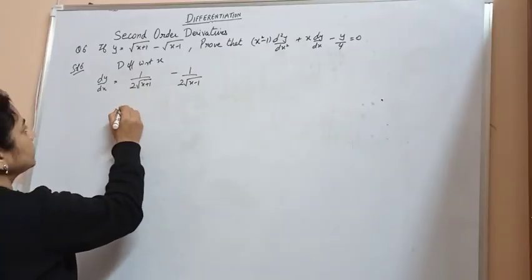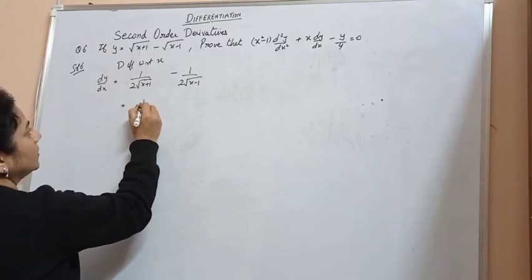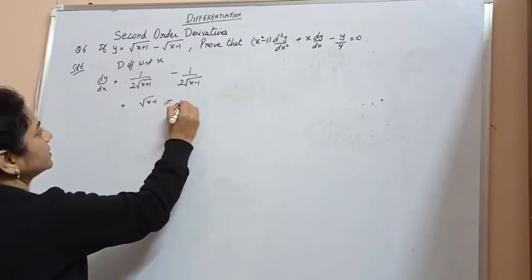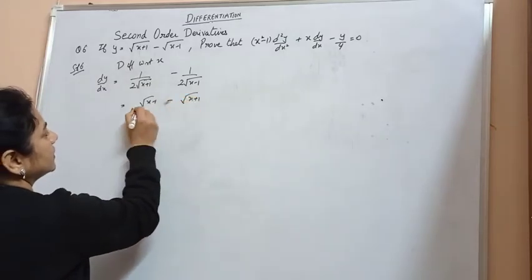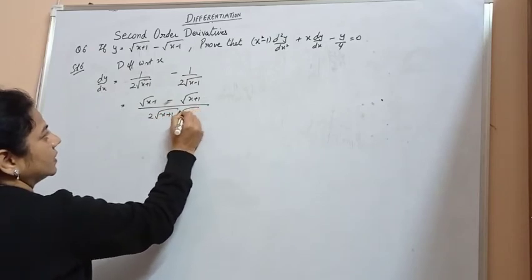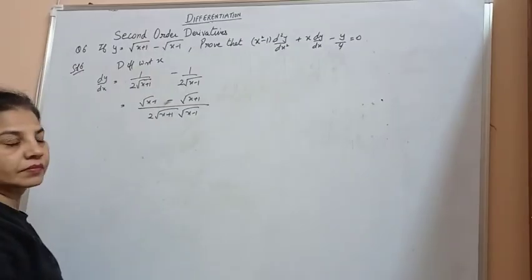Take the LCM. Under root x minus 1 minus under root x plus 1 divided by 2 times under root x plus 1 under root x minus 1.